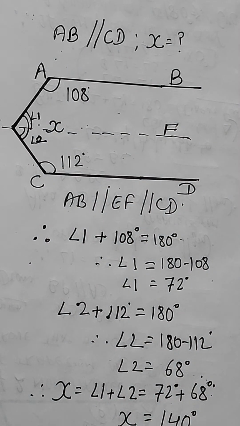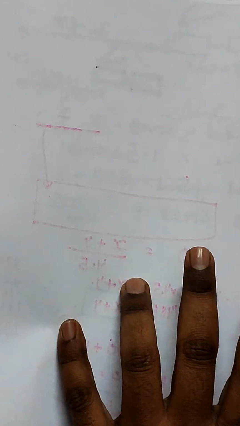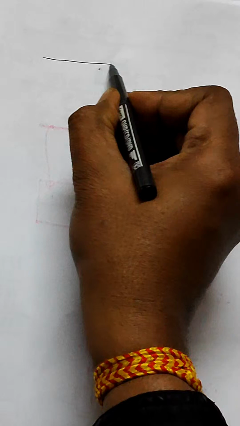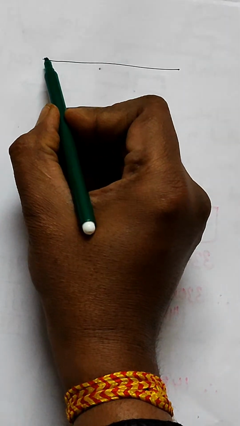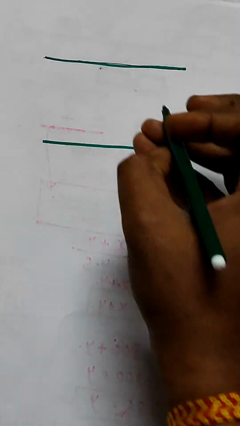I will be putting some extra paper over here so that it will be explained to you. Here it's given that this is a line, these lines are parallel to each other.